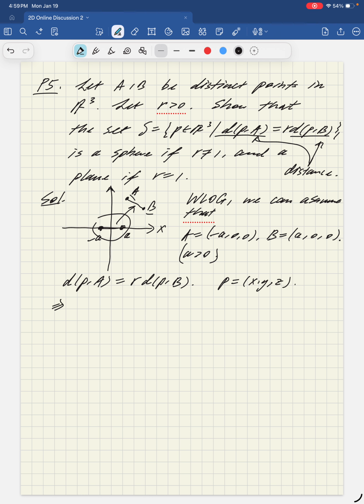And so the distance formula is just going to be the square root of x, because A is minus a, so x minus minus a will be x plus a squared, plus y squared plus z squared, all square root, equal to R times the square root of x minus a squared plus y squared plus z squared.